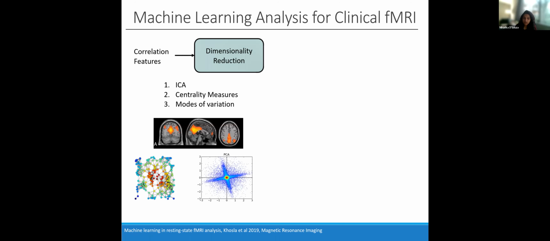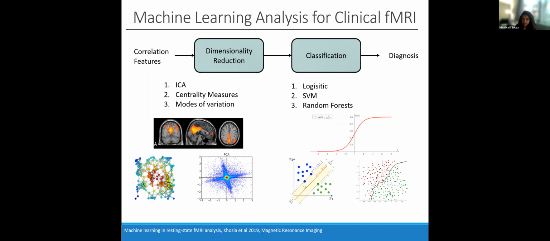Thus, a natural first step here would be to perform dimensionality reduction to compactly represent this information and retain salient information. Commonly, ICA or graph-based centrality measures or statistical approaches such as PCA may be used here. So once the representation is brought to a more manageable space, the projected features can then be fed into a discriminative model that predicts clinical diagnosis.